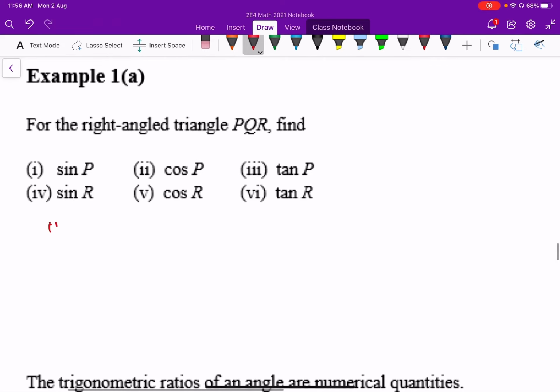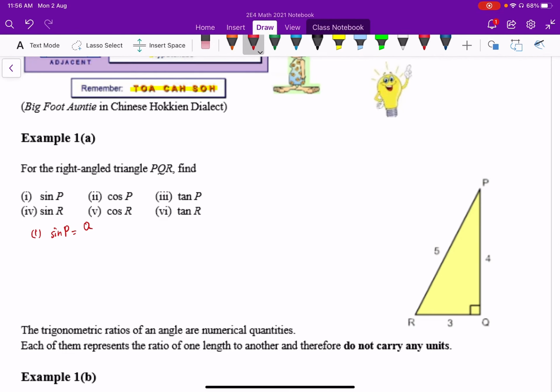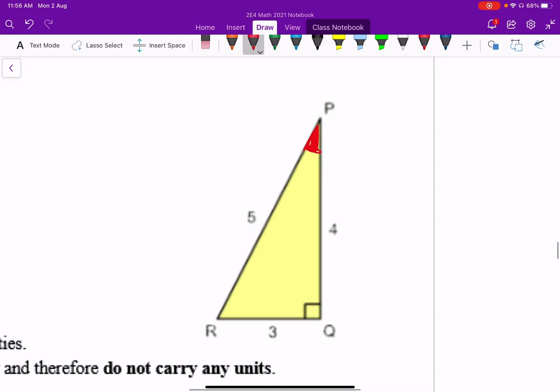Okay, in example 1, for the right angle triangle PQR, you need to find sine P. So let's try. Sine P is equals to QR right here. This is a triangle. If I say sine P, it means I use this reference angle. Can you follow me? If I use this reference angle right here, use pencil, okay, because later we need to change.